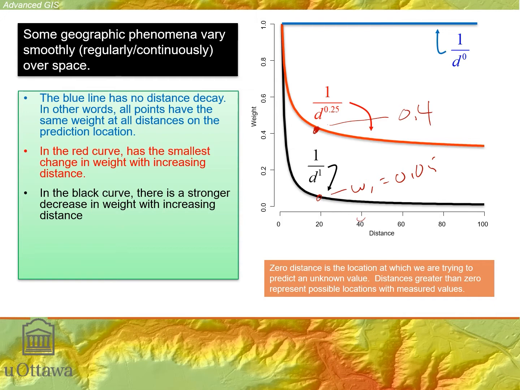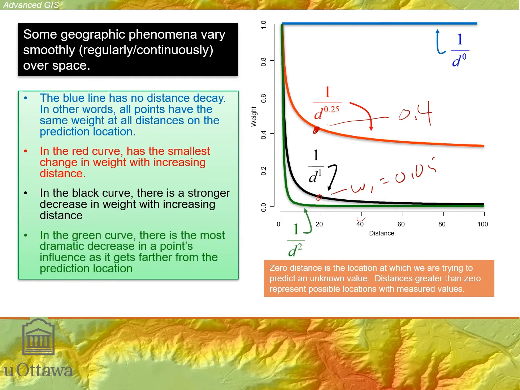So you can see here that the amount of influence that a sample location has at a location to be estimated is much larger for smaller values of the power to which distance is raised in the denominator.